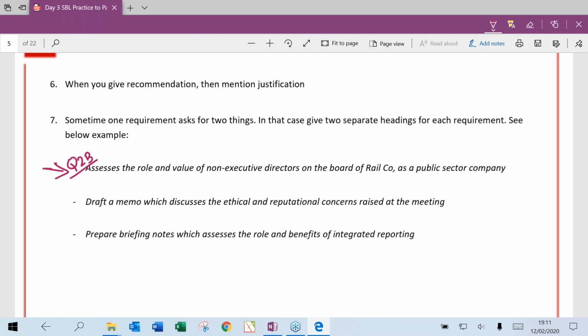Question 2B was, assess the role and value of non-executive directors on the board of Railco as a public sector company. I repeat, assess the role and value of non-executive directors. Now, guys, do you see one requirement, or are you able to spot two requirements in this one sentence?